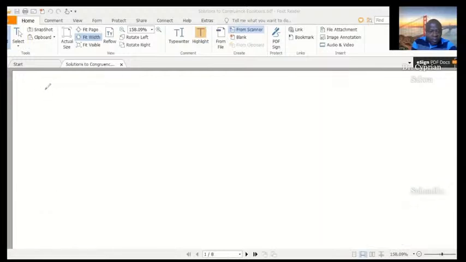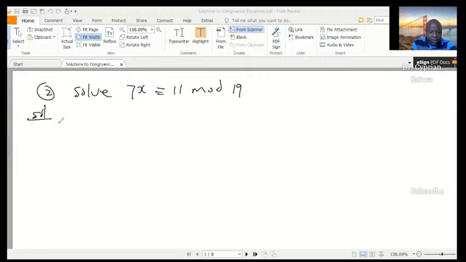Example 2: I want us to solve the congruence 7x is congruent to 11 mod 19. I'll begin by using the extended Euclid's algorithm. First, I want to see if I have a solution to this system.